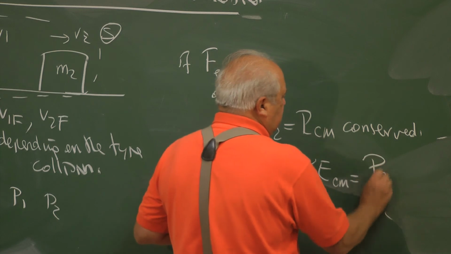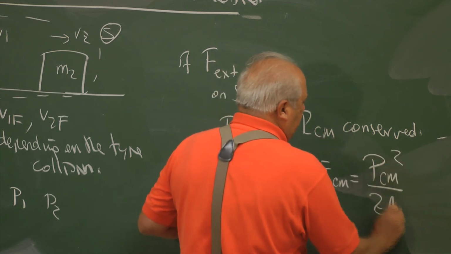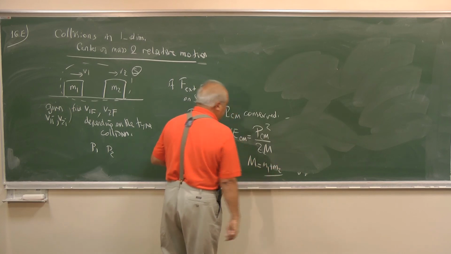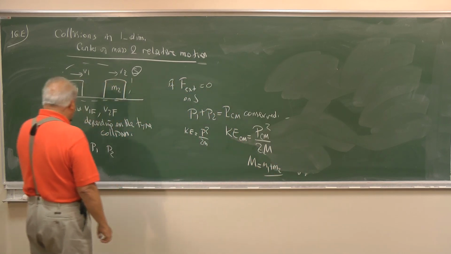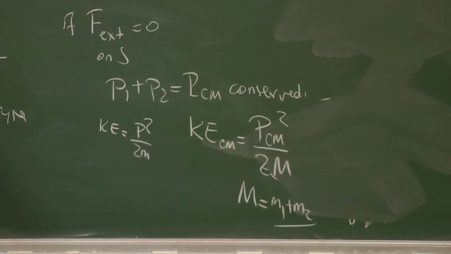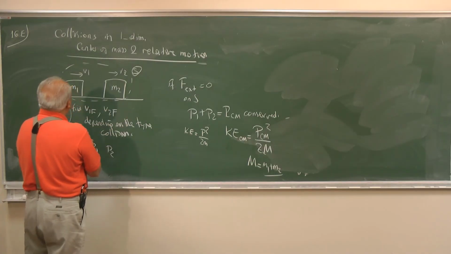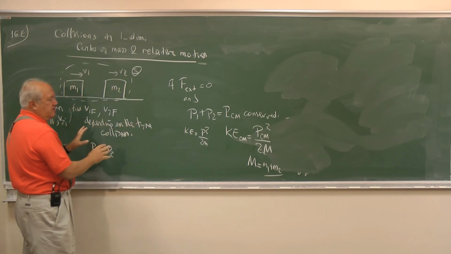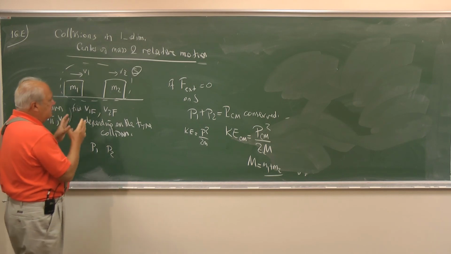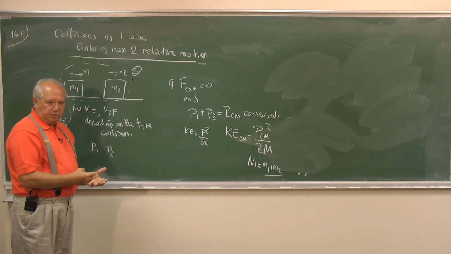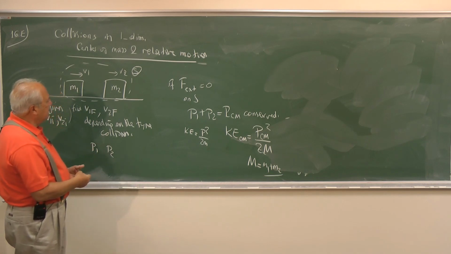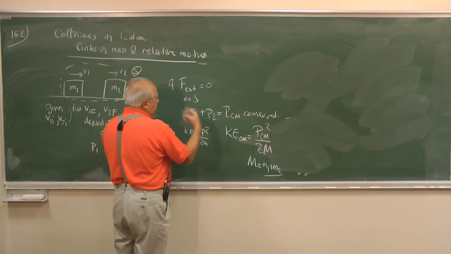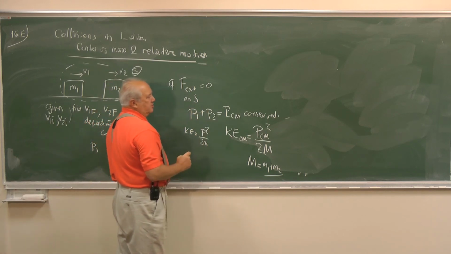This is PCM square over 2m, where m is m1 plus m2. You may observe this process on the ground, let's call it the lab frame, with m1 and m2 moving, colliding, and then having their final velocities. But what you see is an entangled version of this motion, entangled from the lab frame view with the center of mass motion.